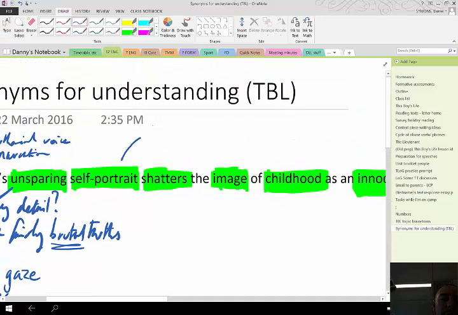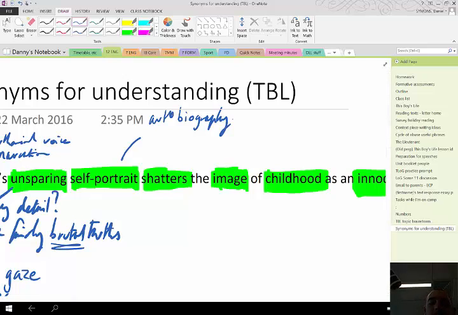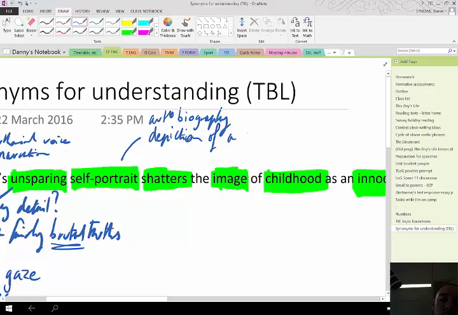When we say self-portrait, obviously what we want to look at there is autobiography. It's definitely not a complete autobiography, which links to this idea of the childhood over here. We'll get to that in a second, because I want to clarify that a little bit more as well. It's a self-portrait. It's interesting, that word portrait. The reason I came back to this later is that portrait has a connotation of a depiction of the self. And the interesting thing about this self is that we are seeing it developed in front of our eyes.